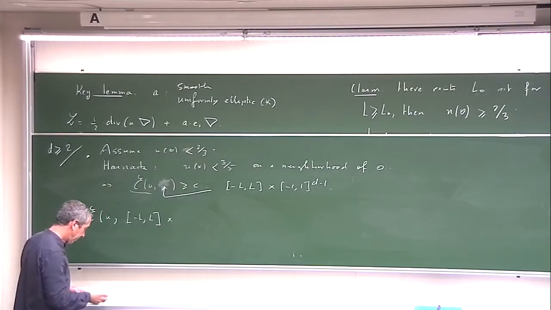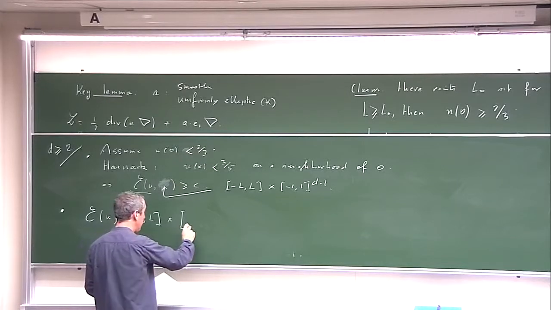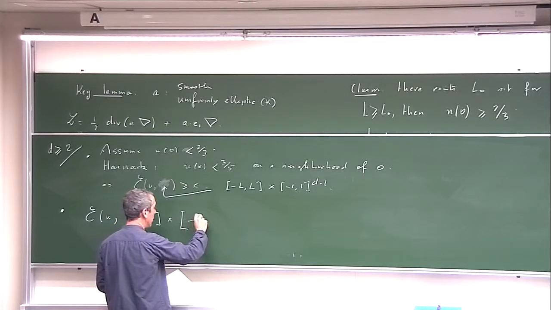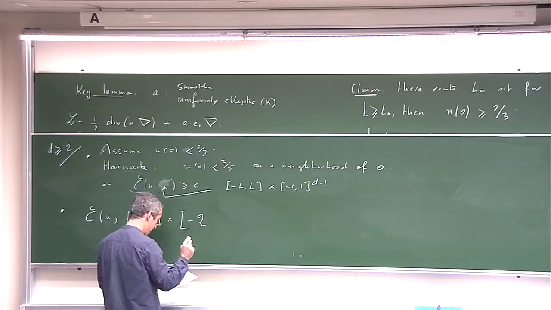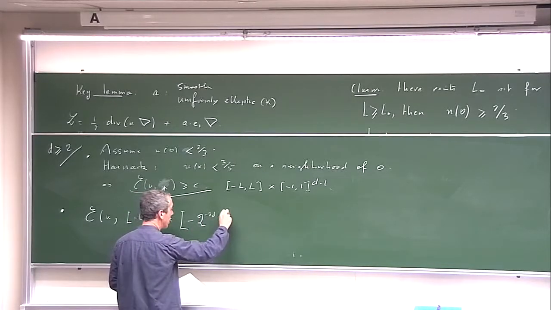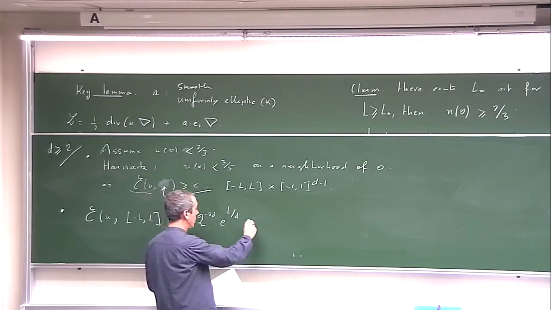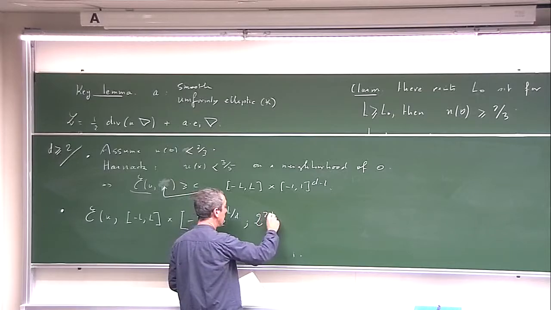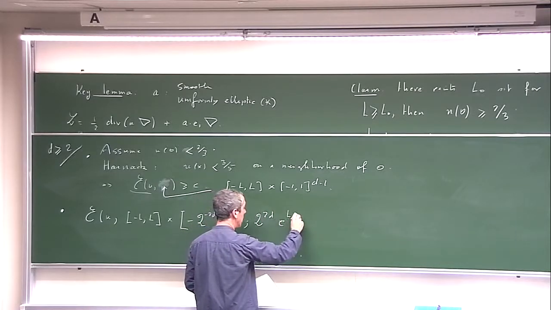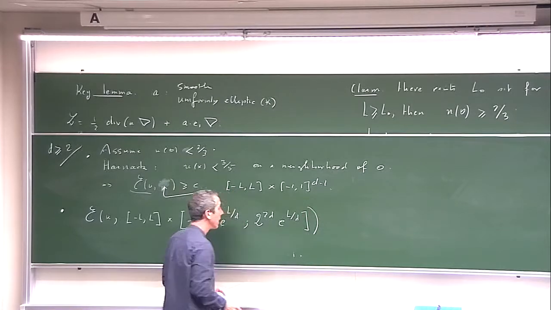Now, if I'm not mistaken with my computation, the set we will arrive at has this form, minus 2 to the power minus 2d times exponential L to the d, and 2 to the power 2d exponential L to the d. Okay?